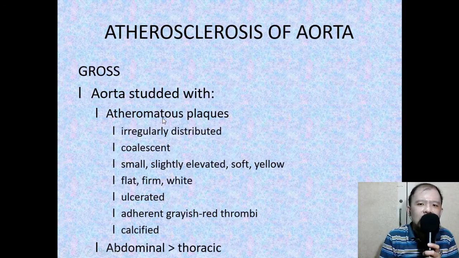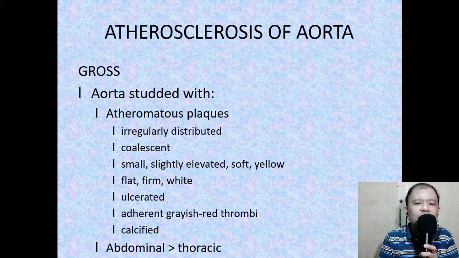You see lipid, fats, collagen, and smooth muscle cells, and I think you'll be able to appreciate it in the lecture. In our slide here, we cannot appreciate the different parts of the atheromatous plaque, but anyway, we'll see later.